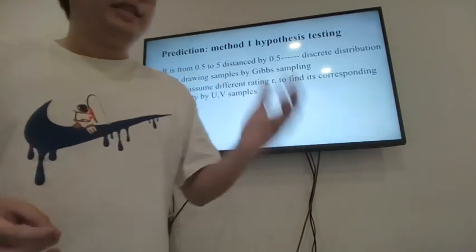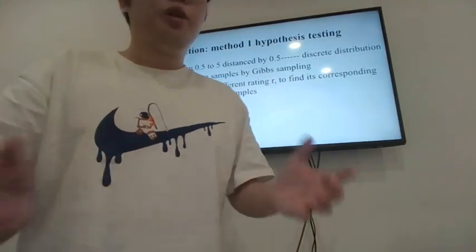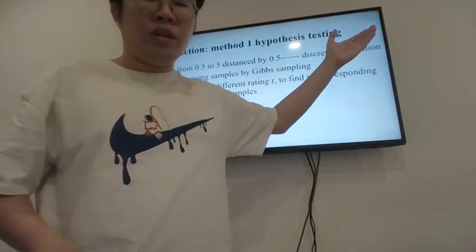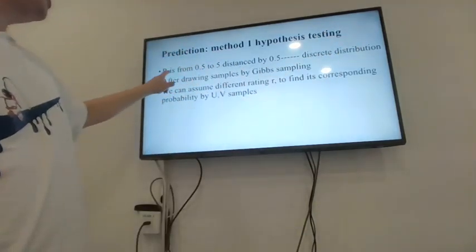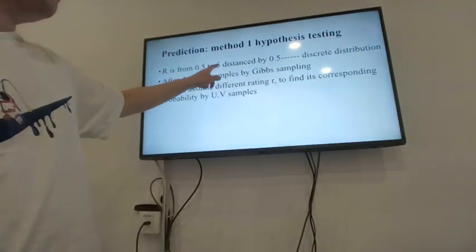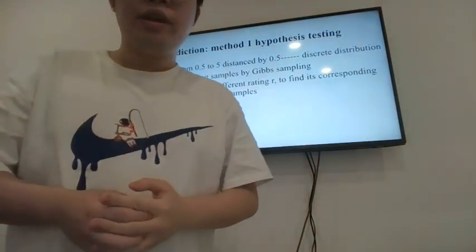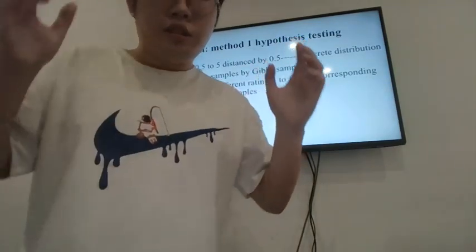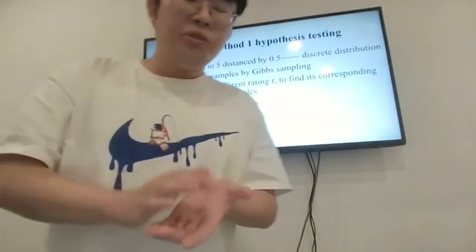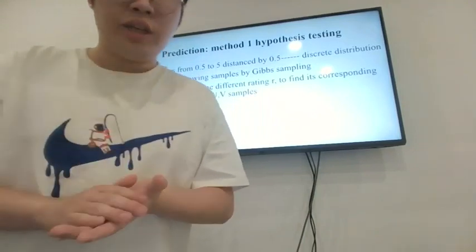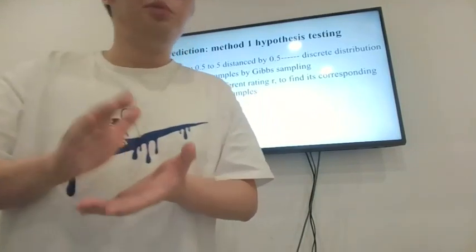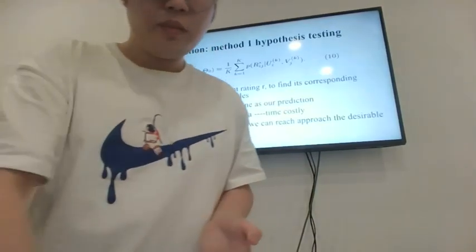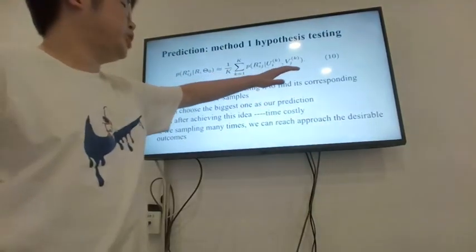After we draw the samples Ui and Vi, we can make a prediction. One prediction method is hypothesis testing. In this problem, R is from 0.5 to 5, spaced by 0.5. This is a discrete distribution. What we need to do is assume different ratings R first and find the corresponding probability from the UV samples. You can see this equation.